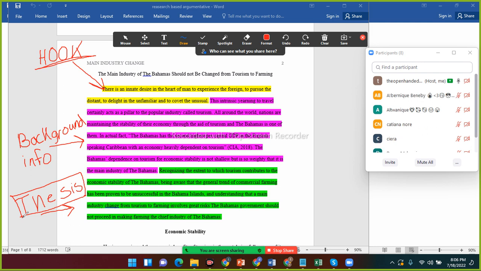Excellent. That's exactly what it is. So you need to have your thesis, with the three main points of your essay. All right, I agree because of this, this, and that.